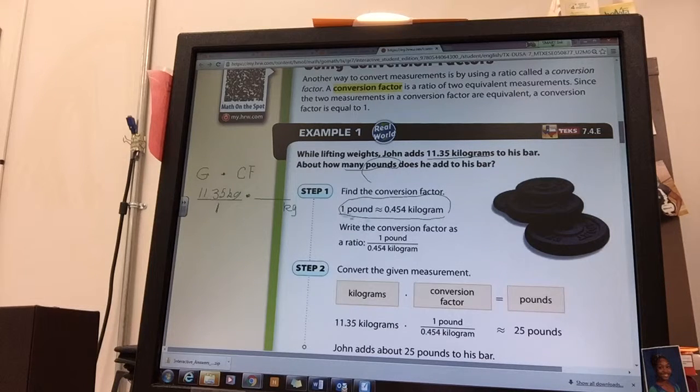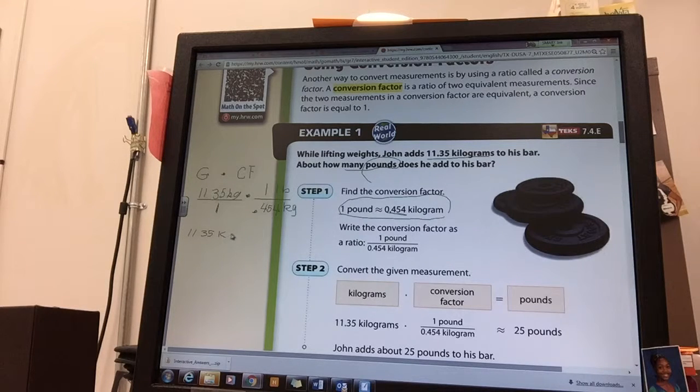So I look over here, and what number went with my kilogram? 0.454. So I'm going to put 0.454. And then 1 pound went on top. Now when I multiply these, I'm going to have kilograms on top. I have 11.35 kilograms because top times top, bottom times bottom.